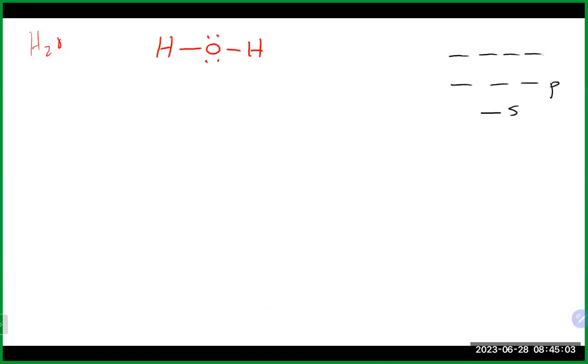So let's see. So oxygen, we have 1 electron pair, 2 electron pairs, 3 electron pairs, and 4 electron pairs, which means 1, 2, 3, and 4. That means that the oxygen here should hybridize as sp3 hybridization in this case.